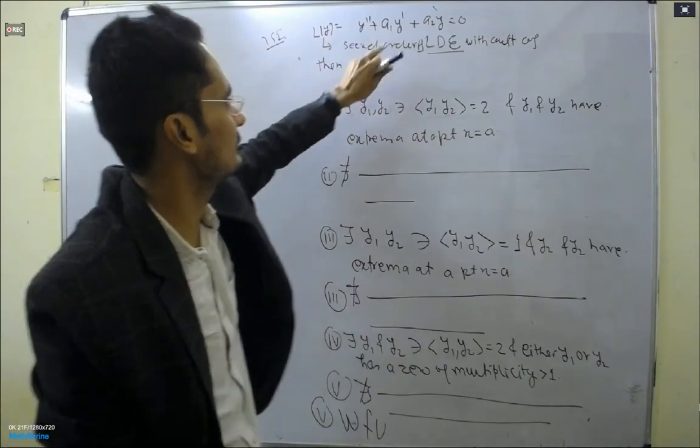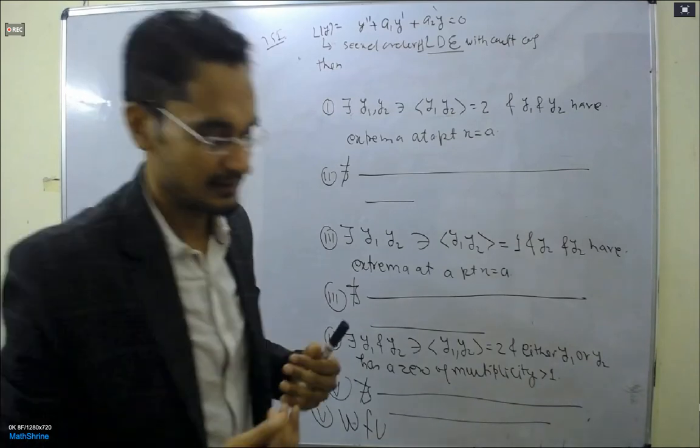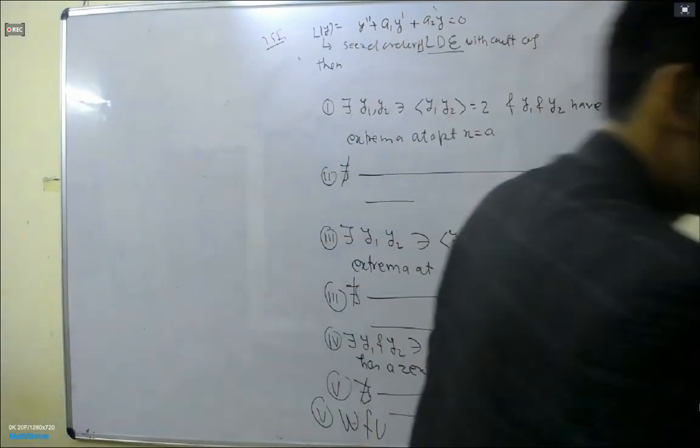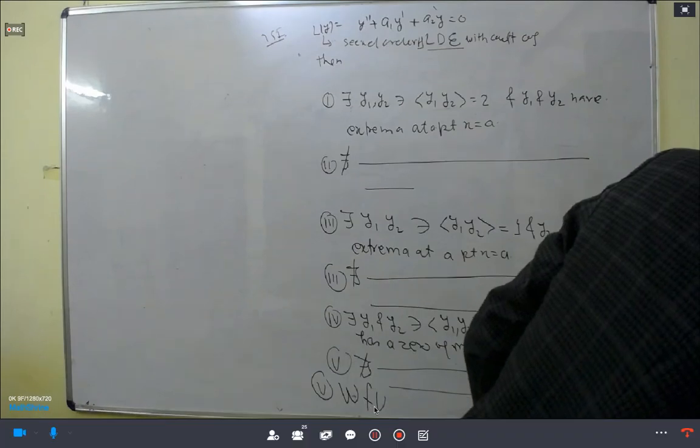So it says there exist y1, y2 such that the dimension of the span of y1 and y2 is 2, and y1 and y2 have extrema at the point x equal to a.